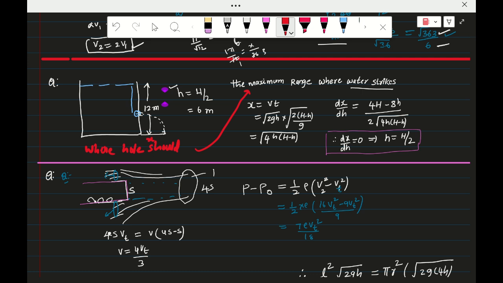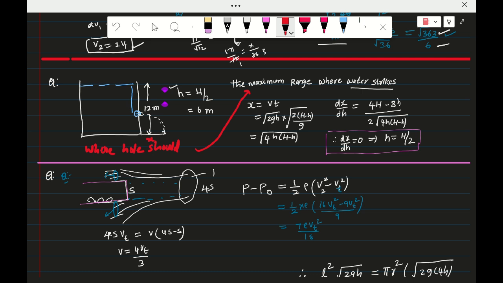Like in projectile, if the angle of projection is 45, then only the range is maximum for a given velocity. With the same velocity, if you project the particle at less than 45 or more than 45, it reaches the ground but not at maximum range. 60 means it will reach more height and come down. 30 degrees means it will reach less height and in the same way less range also. So maximum range is only at 45 degrees.